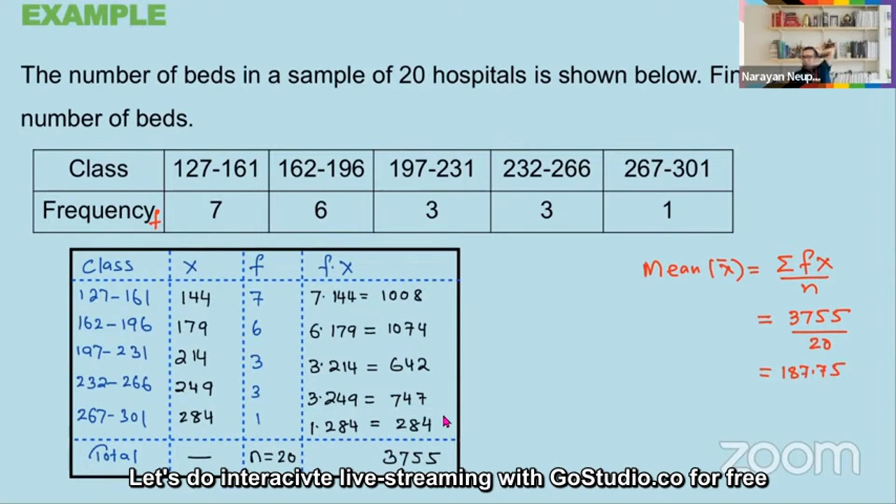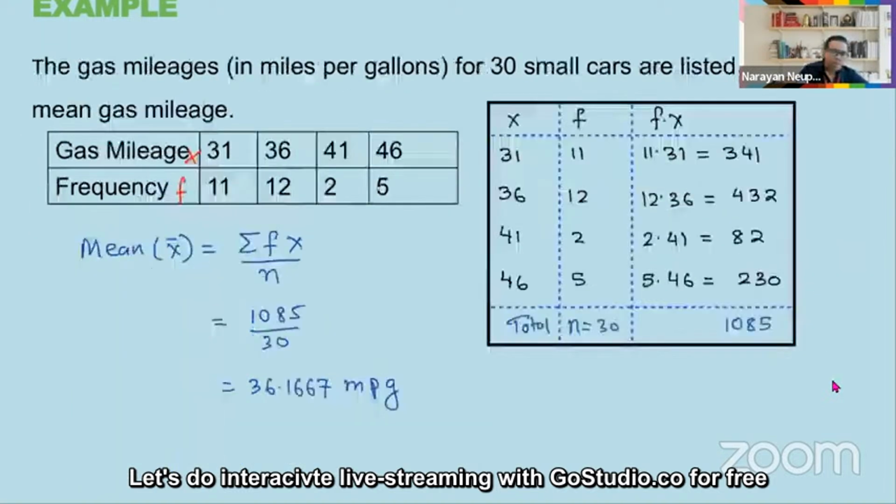So the average over here is 187.75. Now, if I go back to my previous example here, look at this one. This one has the gas mileage.